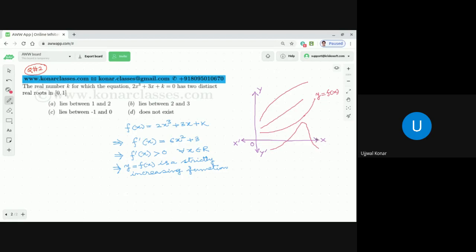Root means where it actually intersects the x-axis. So as it is strictly increasing, it crosses only once. So it is not possible to have two distinct roots. Got it or not? So hence we get option D as the correct one. Is it clear to everyone? Disha, Srijita, absolutely clear? Yes. Okay, great.